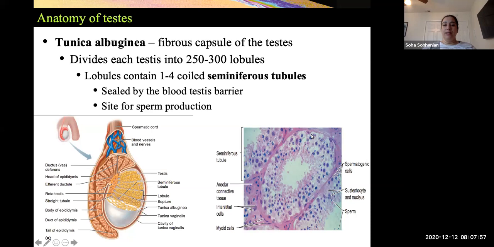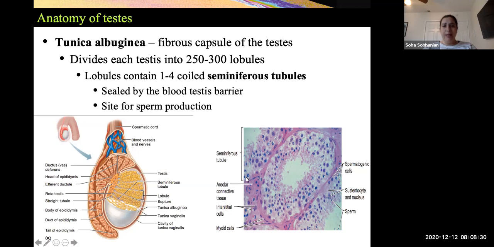The ones that you see farther on the outer edges are going to be the ones that haven't been produced yet. They haven't gone through the maturation step. And then when you get to that center, when you have that hollow center, you can actually see the tails of the sperms right here, which means these sperms are ready and are eventually going to move forward to the next phase of their maturation.